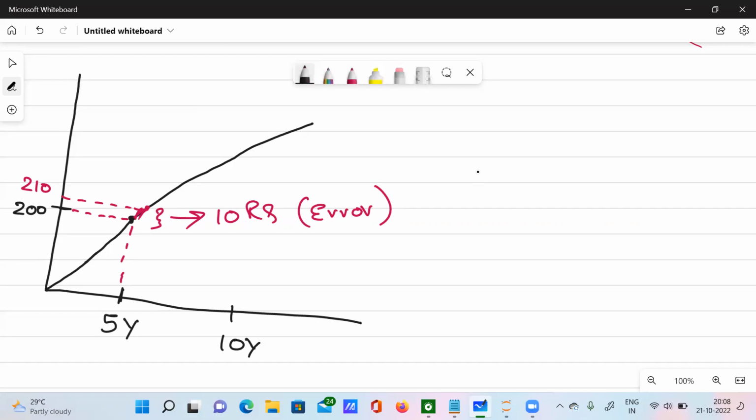So in error, we have three types of errors. What are they?